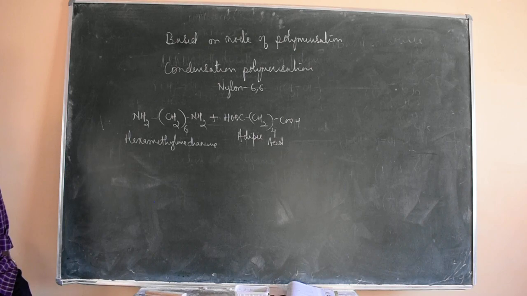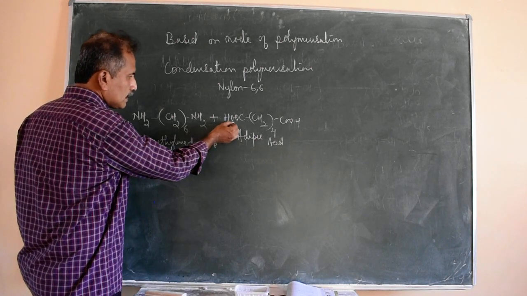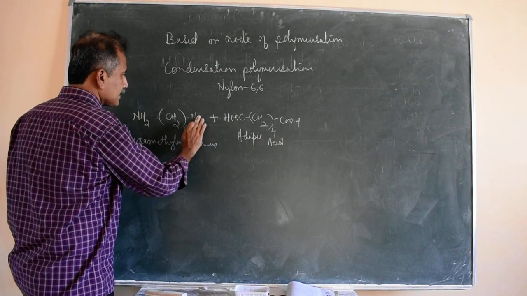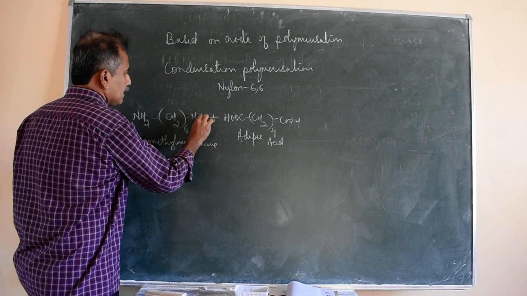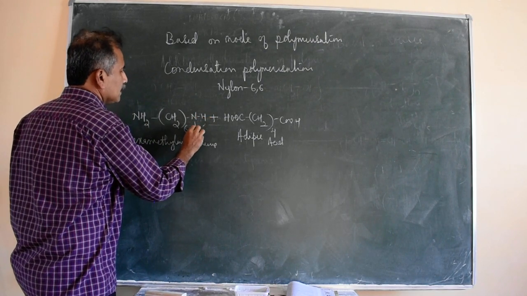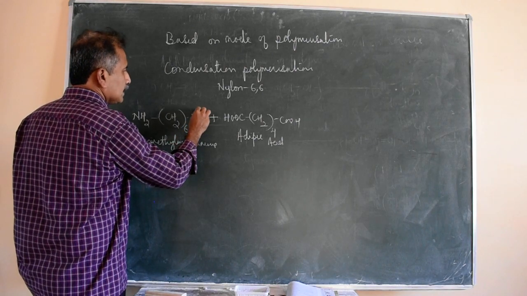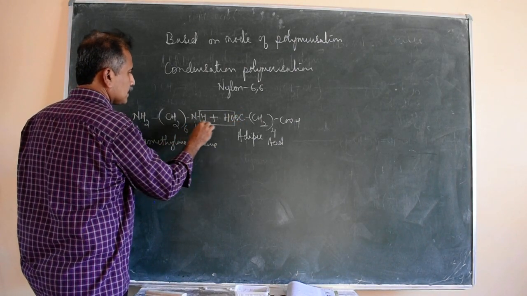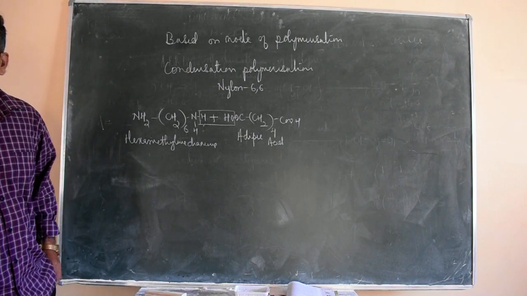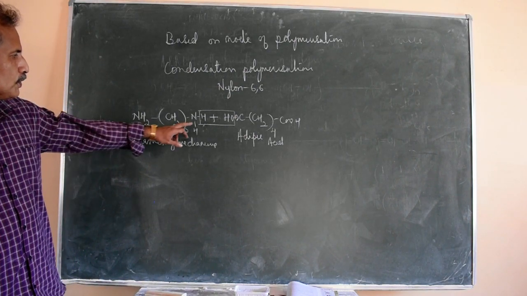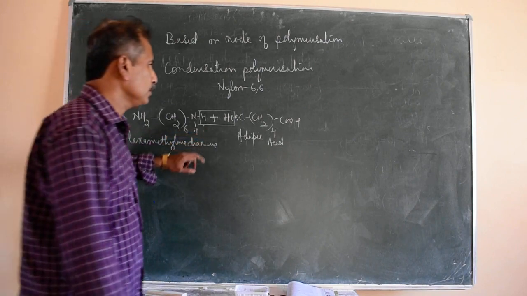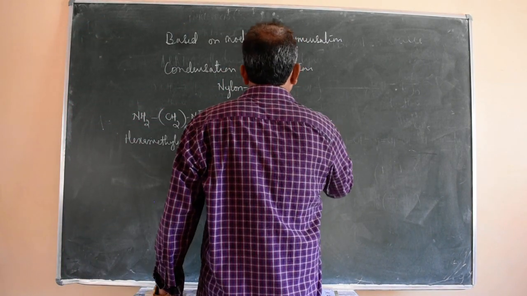Okay, so what we'll do, let's write this as H, here there is H, right? So this particular H and this OH can be removed in the form of H2O. So if you remove that in the form of H2O, what do you get?